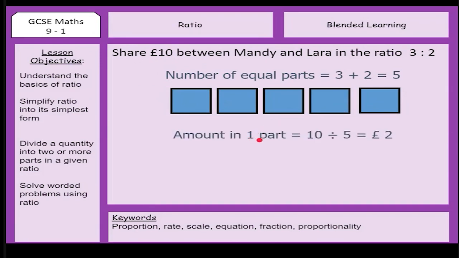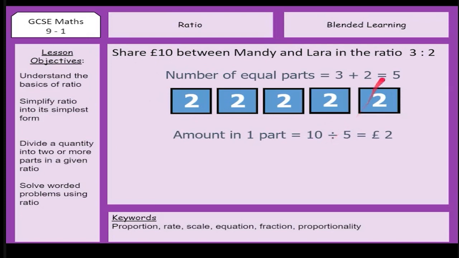So 1 part is 10 divided by 5 equals 2. So each of these parts is 2. 2, 4, 6, 8, 10. That's the whole £10.